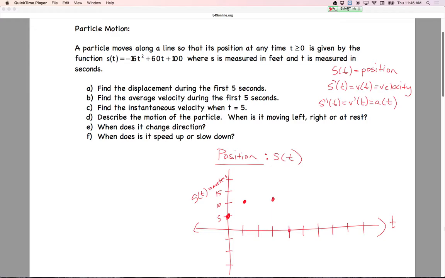Then let's say it goes down to a position of 0, and then goes down to a position of -5, then -10, and back to 0. And let's say it stays on the x-axis here and then goes back to 5. So let's say it looks something like this. So there's a position graph.